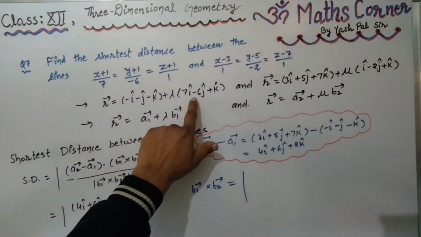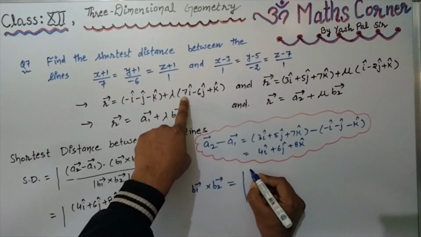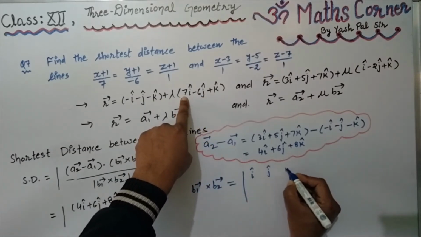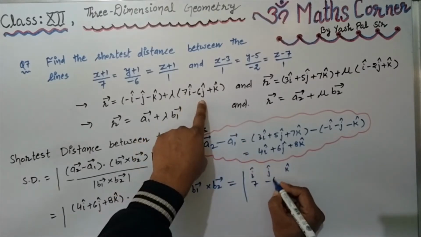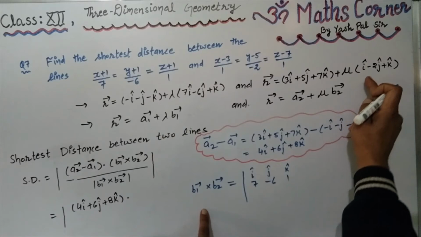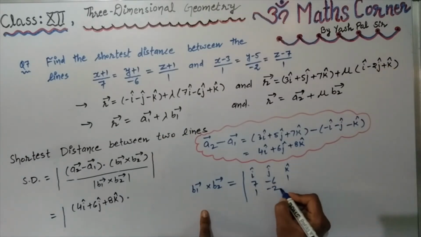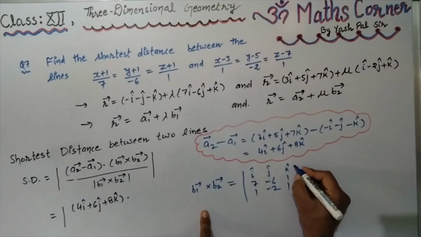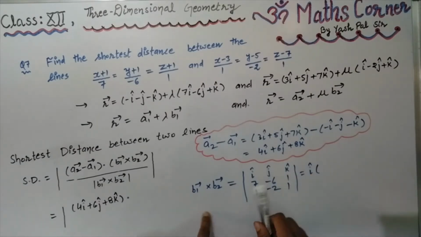b1 cross b2 means the determinant. What is b1? The coefficients of i, j, k in b1 are 7, minus 6, 1. The b2 coefficients are 1, minus 2, 1.